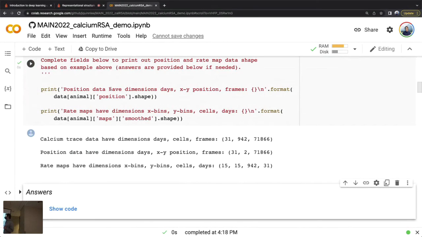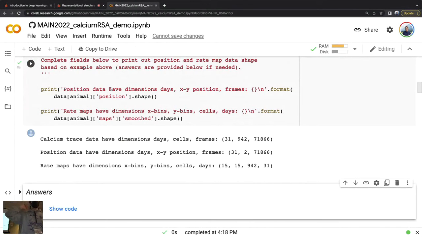And then the rate maps have a slightly different dimensionality. It's 15 by 15 X and Y spatial bins, 942 cells, so a rate map for every neuron, and then 31 days of them.